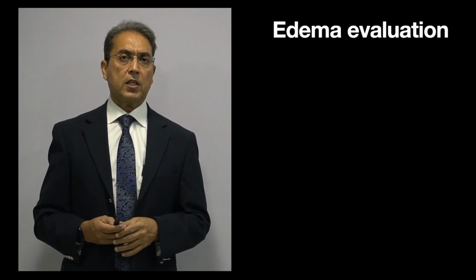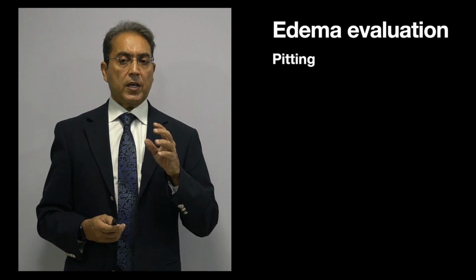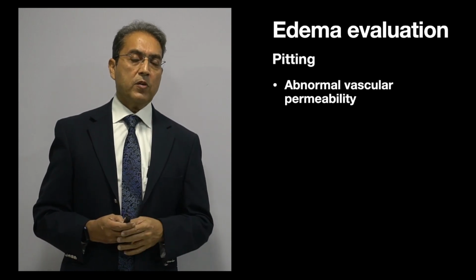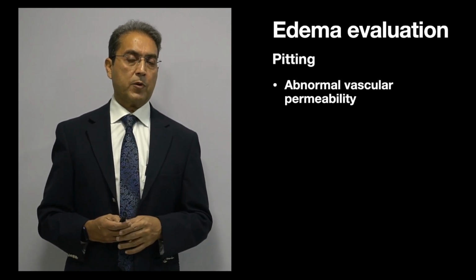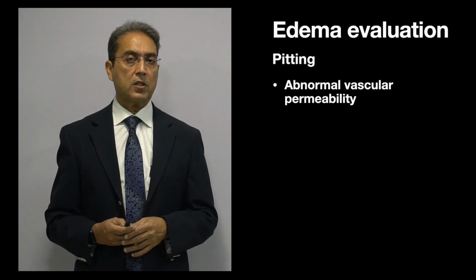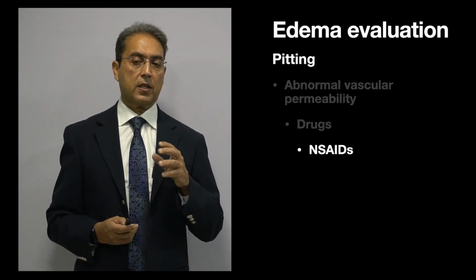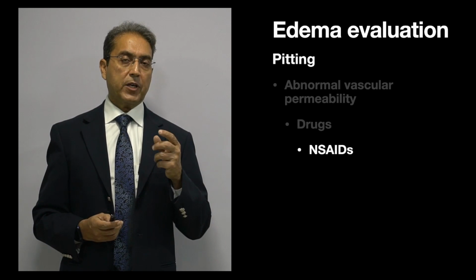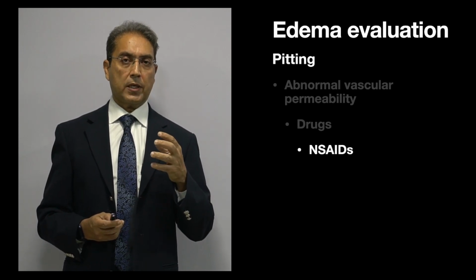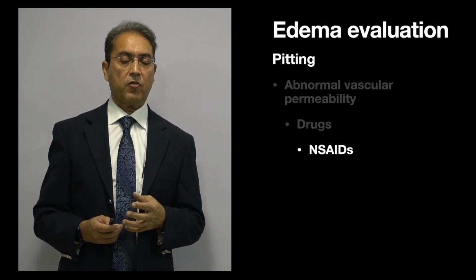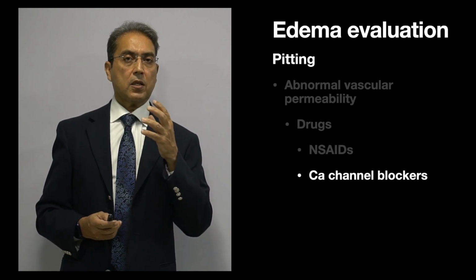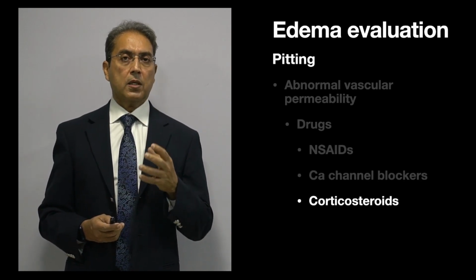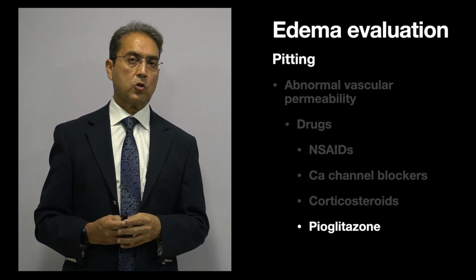Now, when you're evaluating pitting edema further, you look for features of abnormal vascular permeability that may be seen with certain drugs. For example, the classical drugs are calcium channel blockers. As I mentioned, multiple drugs can cause edema, for example, non-steroidal anti-inflammatory drugs, corticosteroids, or pioglitazone and rosiglitazone type of drugs.